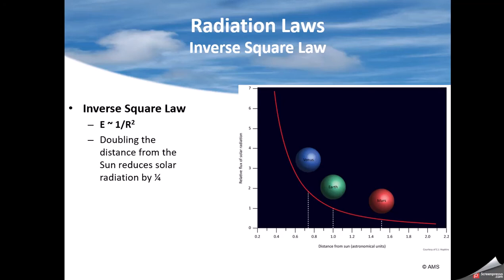Mars is much further, so it's more than one. So what we can learn is that the energy being received by a planet is 1 over the radius squared from the sun.